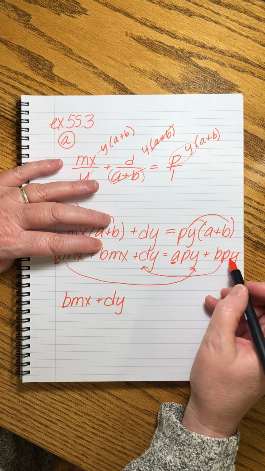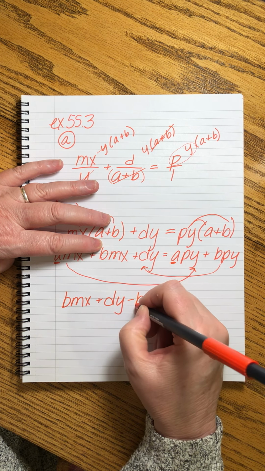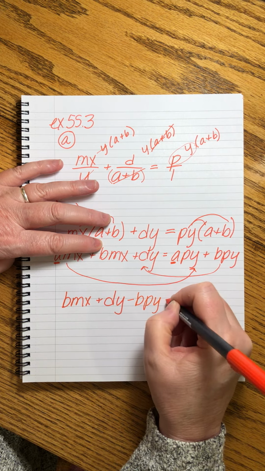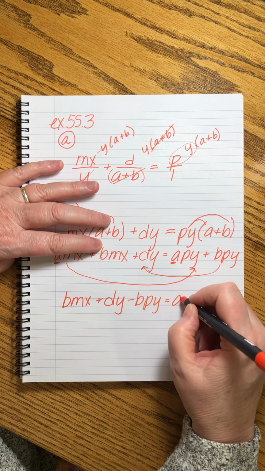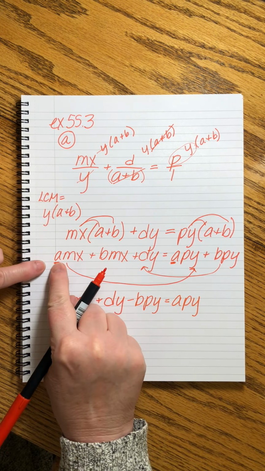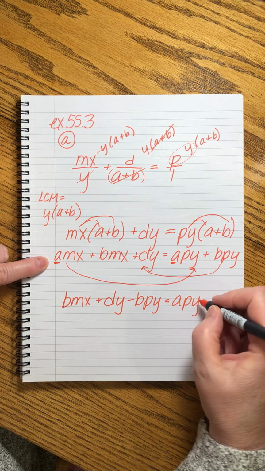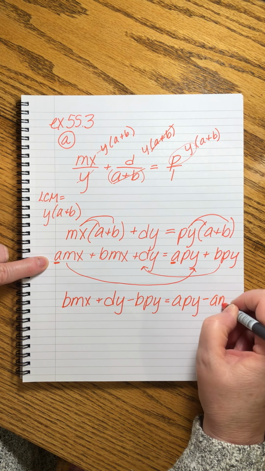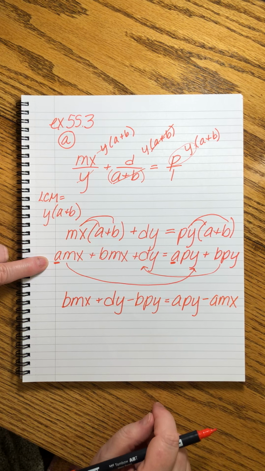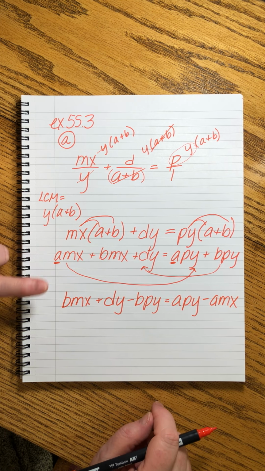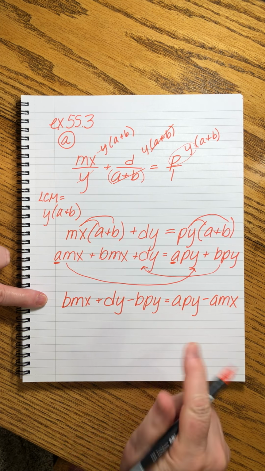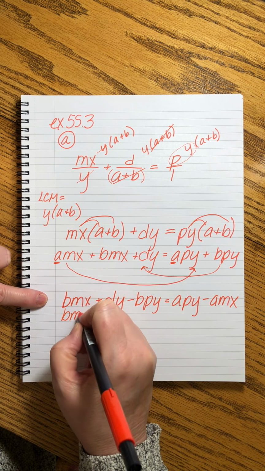So it'll be minus BP. And then on the other side, my AP stays the same, but then this one will come over. It's positive here, so it'll become minus AMX. Whew, I feel good about that. Now I'm going to factor out, so I'm just going to copy all of this.